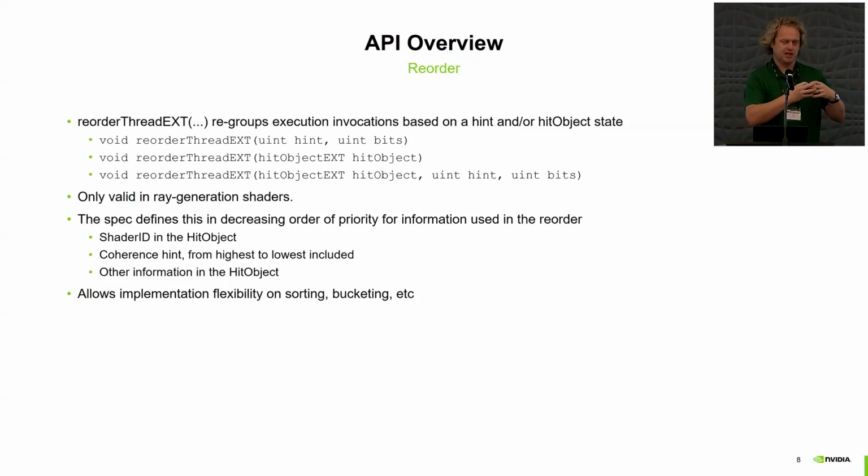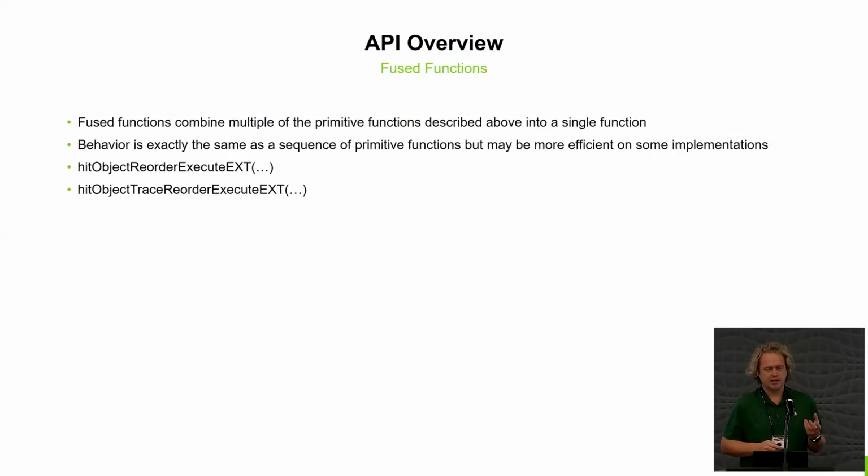So it could be a sort, it could be coarse bucketing, the extension doesn't say. And hopefully any implementation that's providing this will have tested and confirmed that whatever reordering it does works effectively and is performant.